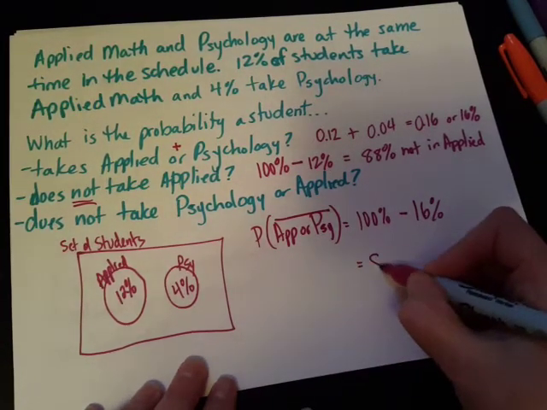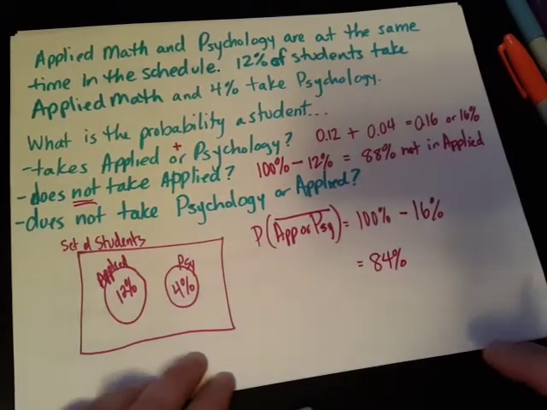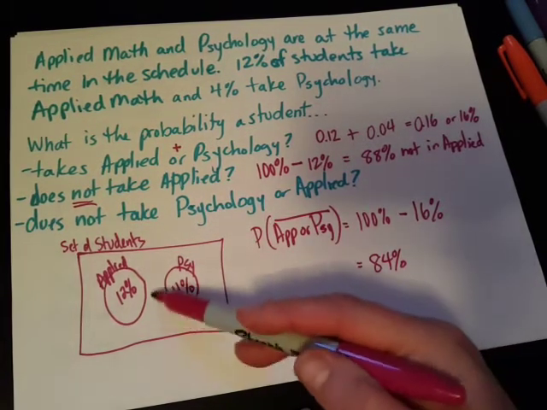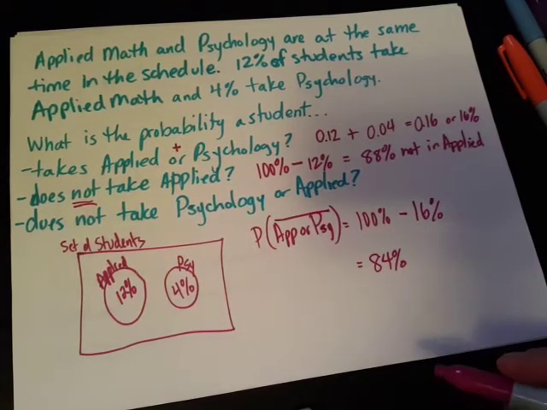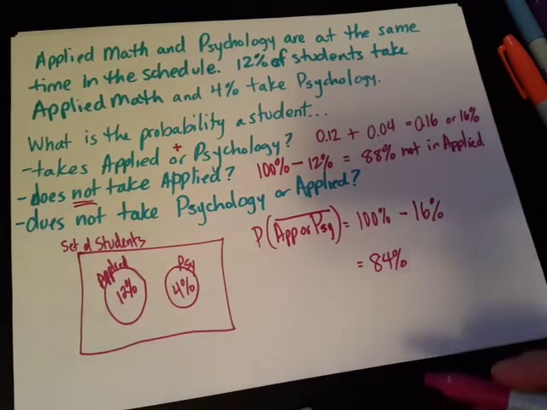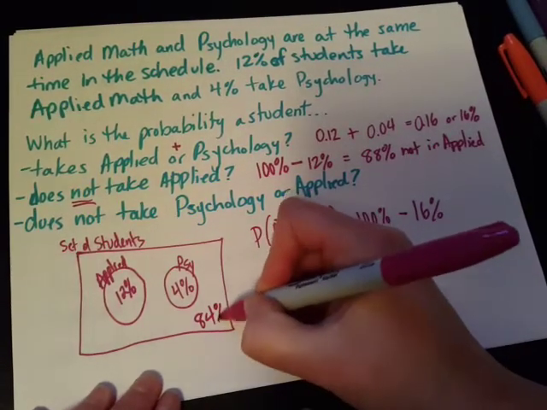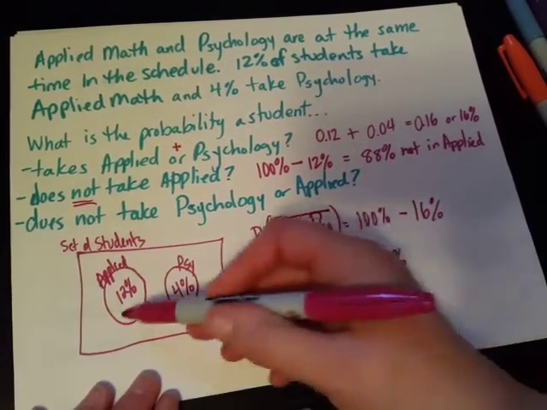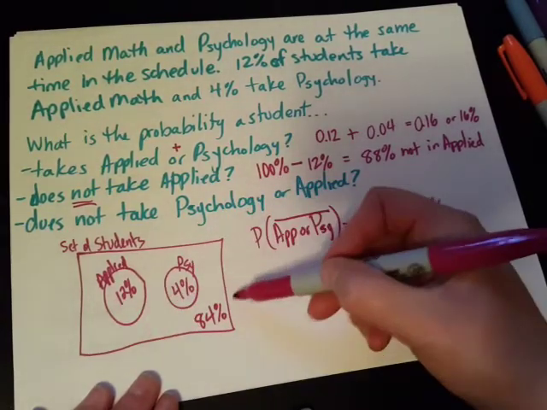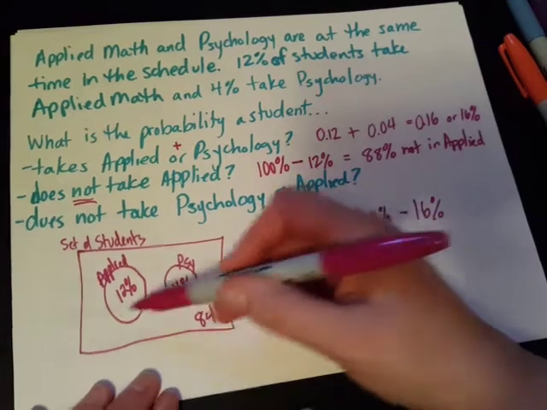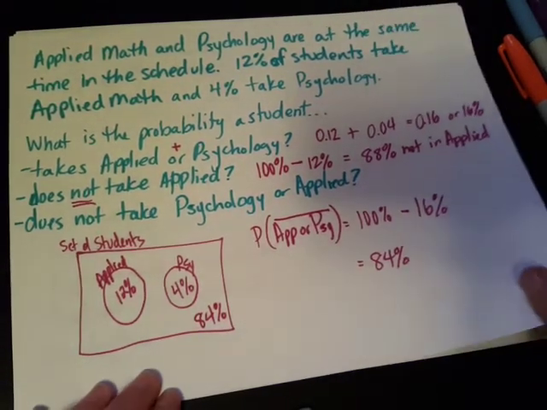So this one's a little bit easy because there is no intersection. There's no way to sort of be in both. We could actually include this 84% just down here. When we write it outside of the circles, it's showing that it's still within the set of students, and this is showing the 84% that are not part of those groups.